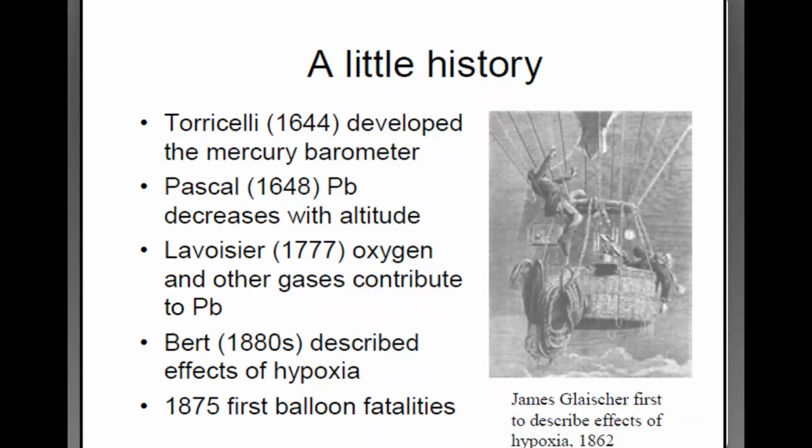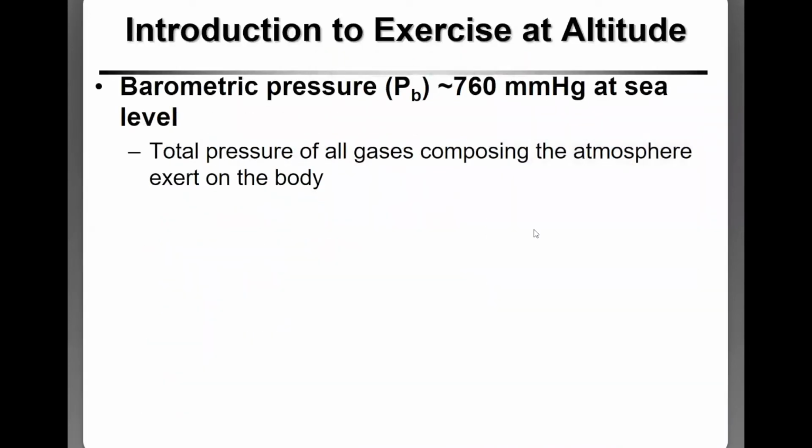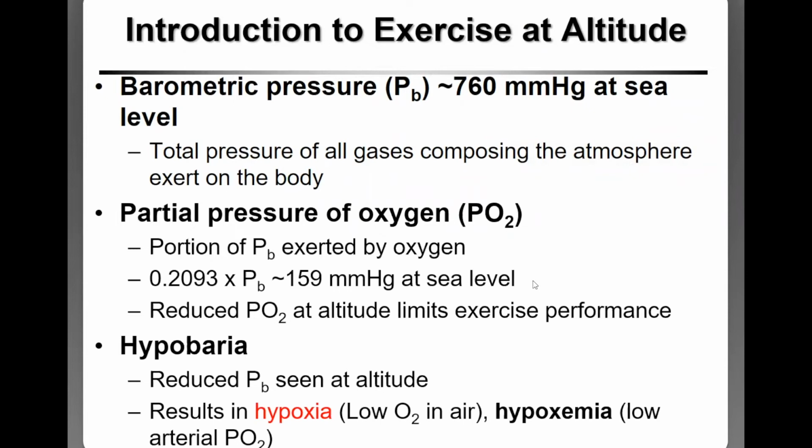So we know today that moving to altitude affects barometric pressure, and it's this barometric pressure which is going to affect the partial pressure of oxygen. So we know barometric pressure at sea level is 760 millimeters of mercury, and barometric pressure is the pressure exerted on us by the atmosphere, and this pressure is exerted on our body in all directions.